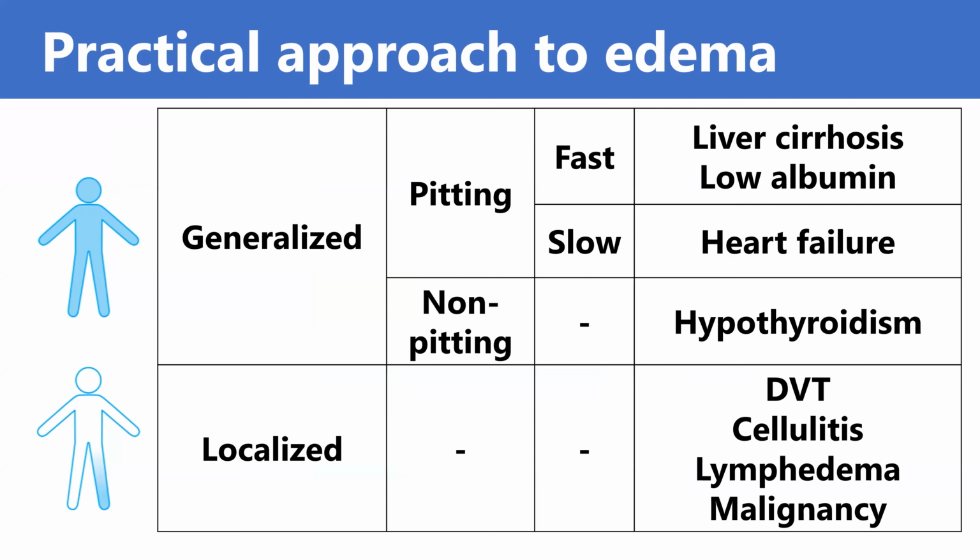And slow edema can be due to heart failure. And the most common cause of non-pitting edema is hypothyroidism. And differential diagnosis of localized edema includes DVT, cellulitis, lymphedema, or a malignancy.